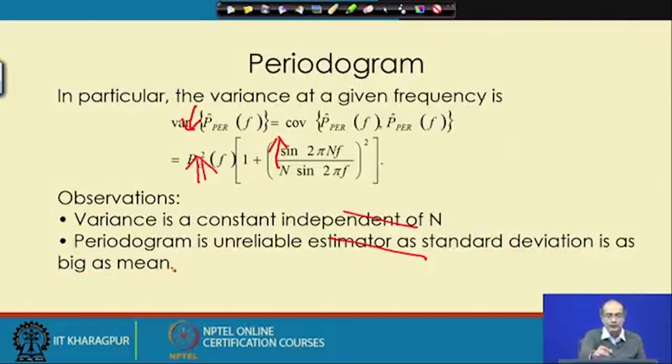Why is it so? We know that the first term, if you look at, is actually the mean, Pxx(f) is the true value. So, what essentially we are telling is that whatever the mean value is, the variance is as much as that. So, that immediately gives us the view that whatever we are getting out of the periodogram has lots of fluctuations, and the values we get are very much unreliable.